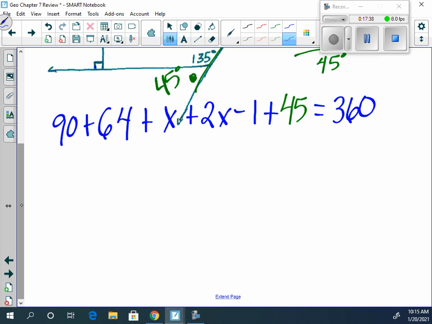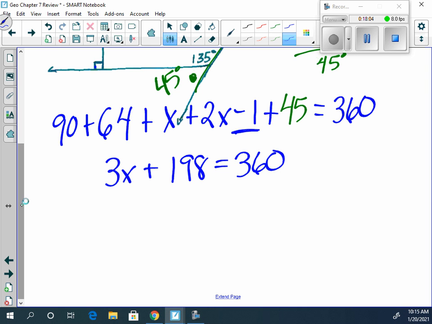But now that we found it, we can combine like terms. So x plus 2x is 3x. Well, we can combine these however we want. 64 and 45 would give us 109, plus 90 would be 199, yes? Well, what else do we have? Minus 1, which gives us 198.